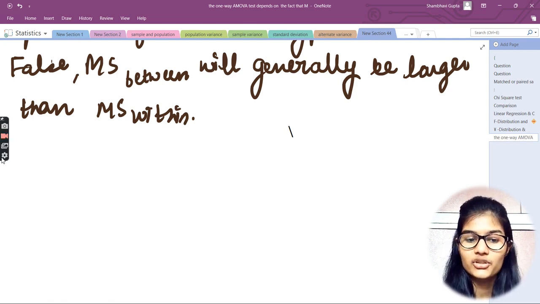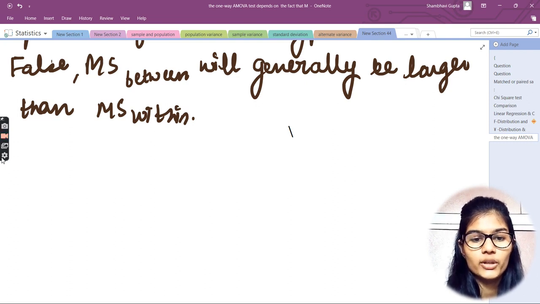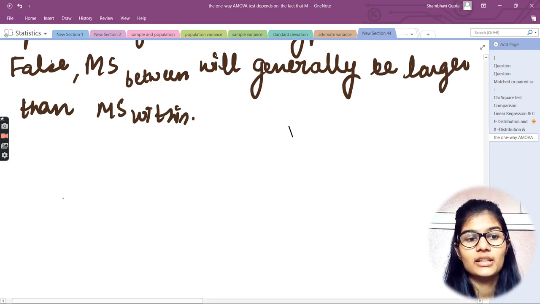And the F ratio could be simply written out in one more way when all the groups have the same sample size.